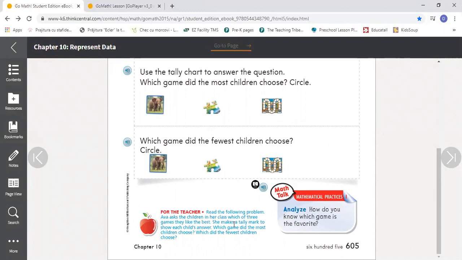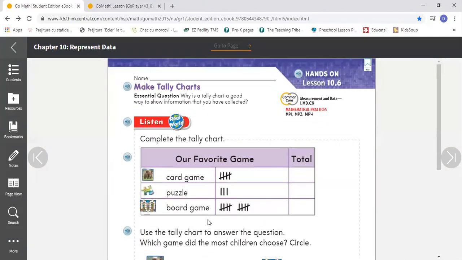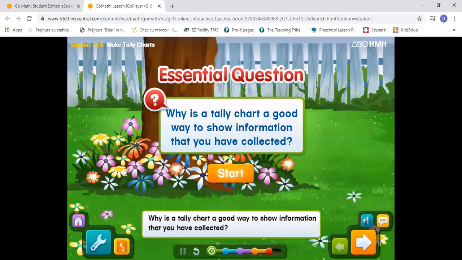She makes a tally mark to show each child's answer. Which game did the most children choose? Which did the fewest children choose? So this is our problem today. But for the moment, before trying to do it step by step, let's remember our little videos from our video books.